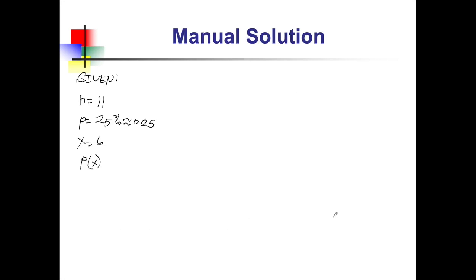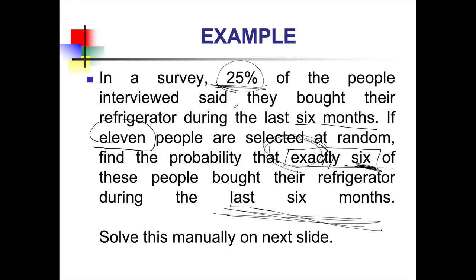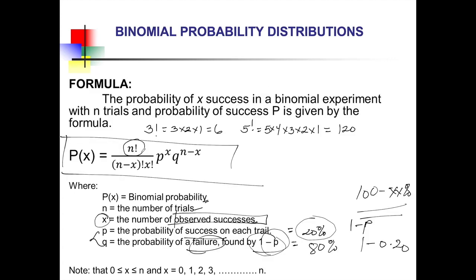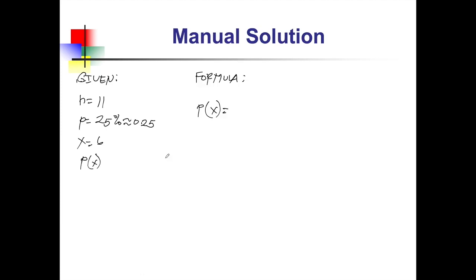So, now, let's have the formula. P of X equals, let's recall the formula. We have N factorial over N minus X factorial multiplied by X factorial.